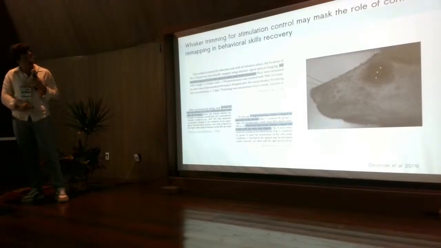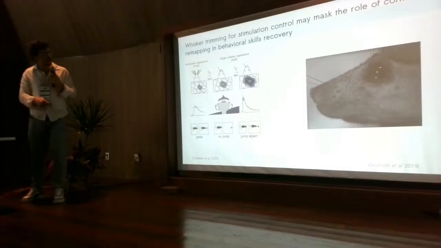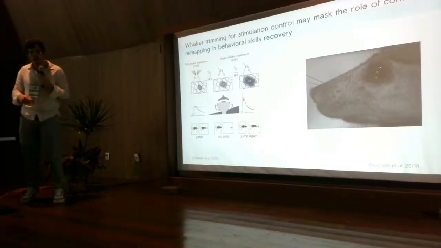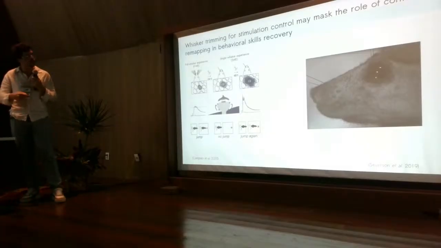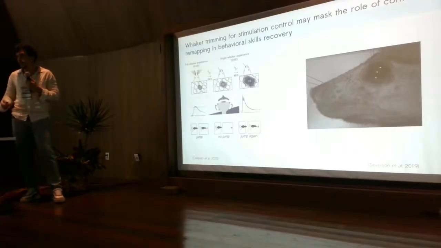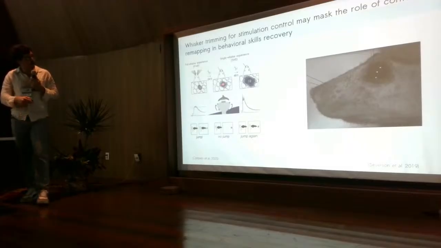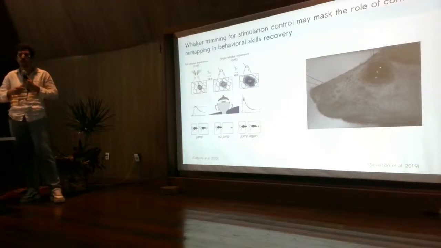But we know that this partial sensory deprivation induces cortical reorganization or cortical remapping. If we clip all the whiskers on the face of the animal, the activity of the neurons around the corresponding barrel column starts to expand. We say this is the expansion of the barrel.